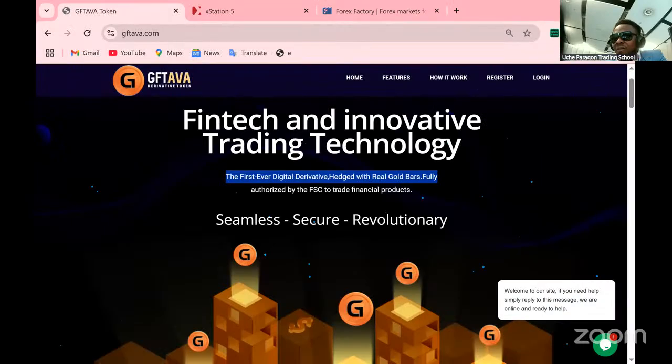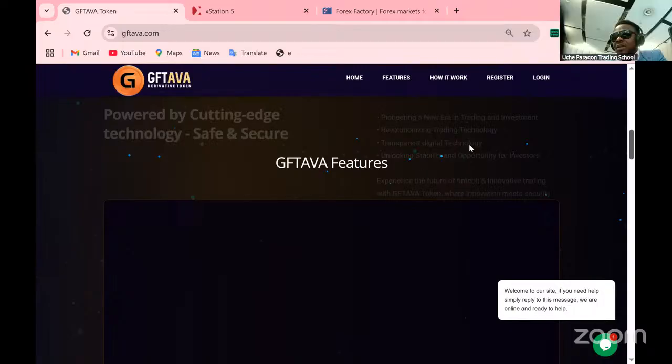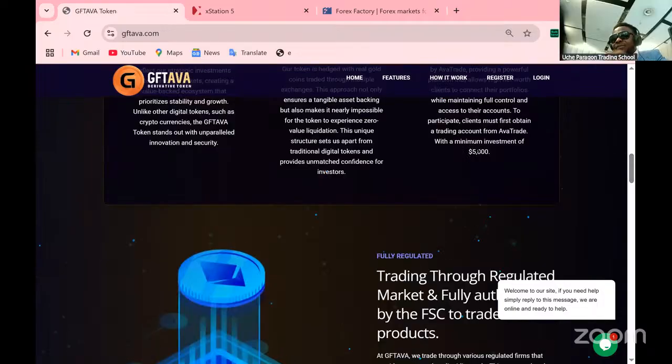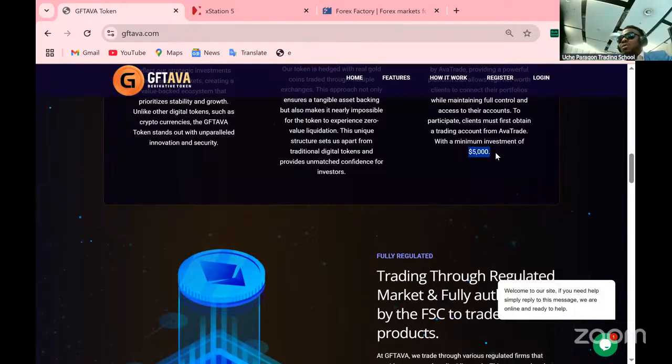If you want GFT Ava to trade for you through an AvaTrade account, the account needs to be at least $5,000. Are you seeing my screen? It needs to be $5,000 for them to be able to connect it. But if it's below, you can use the digital platform for it.